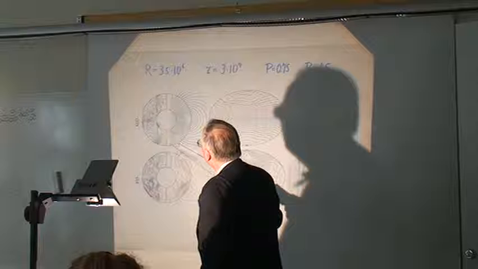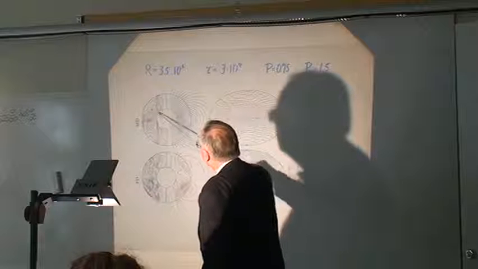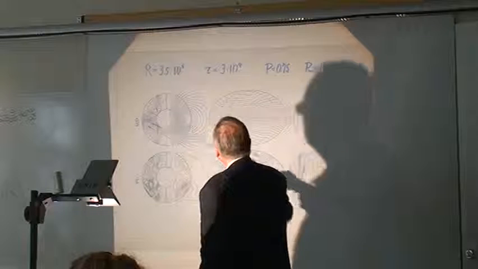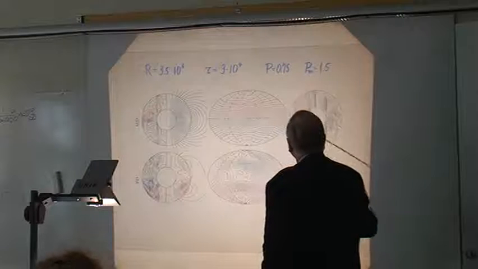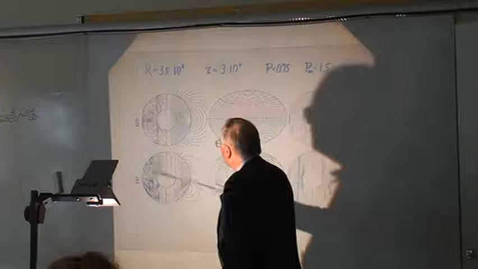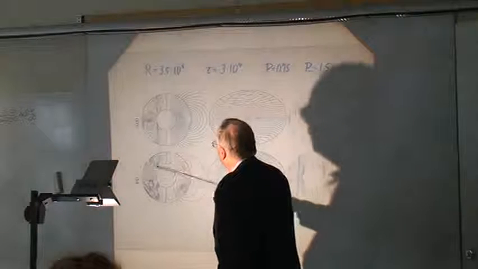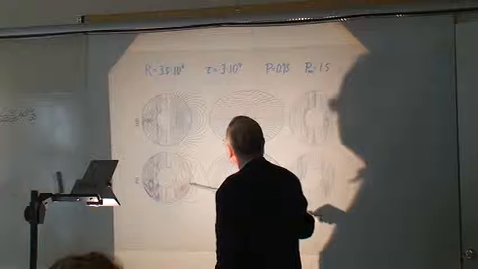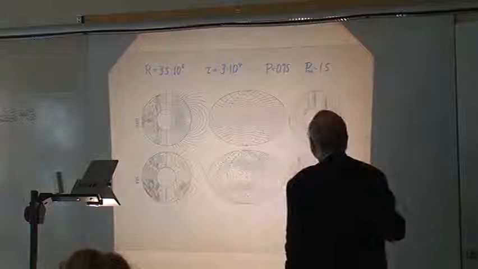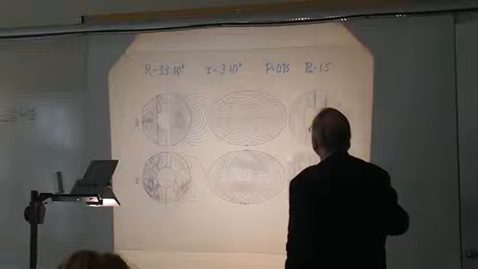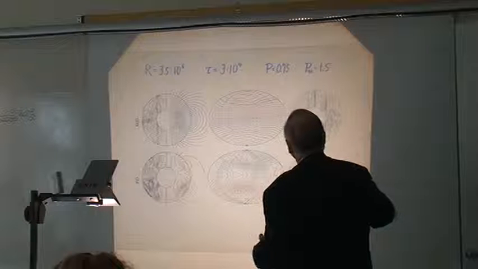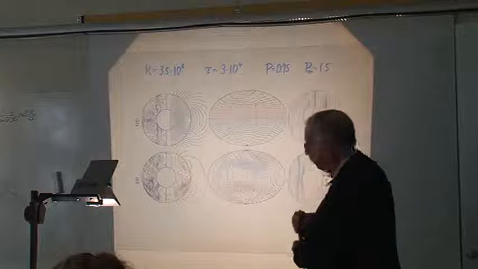You see that it has a strong structure, and this is responsible for eliminating the strong differential rotation. Here the field has a tendency to be somewhat hemispherical in this case, but it's not strong enough to eliminate the differential rotation of the geostrophic type, as we see in this plot.